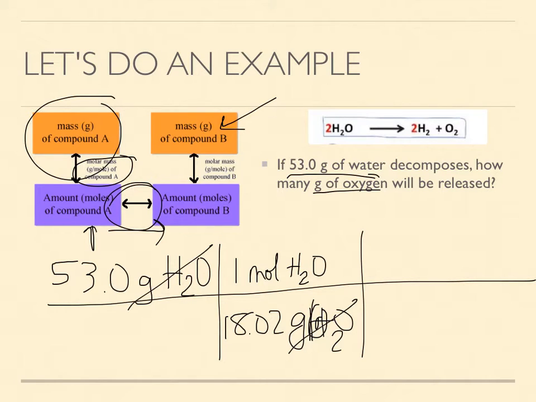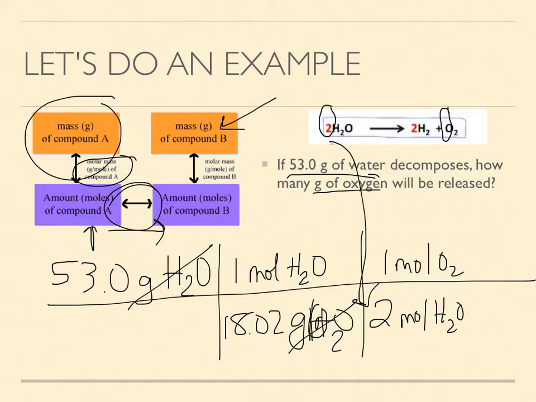So now I'm here. Well, I got to go to moles of B next. Remember, here was the mole ratio. So if you think about this equation, you know that for every 2 moles of water that reacts, you will get 1 mole of O2. What that means is that I'm going to write that as a fraction. So 2 moles of H2O, I just pulled that from the balanced equation, and 1 mole of O2.